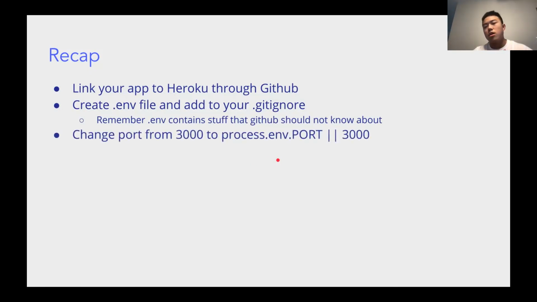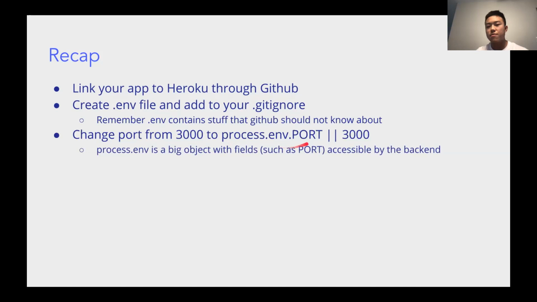From there, we started modifying variables in our code from their original value to the value that might be dictated by process.env. So the port number should not just be hard-coded to 3000. We need to give the Heroku app an option of telling us what port to run on instead.